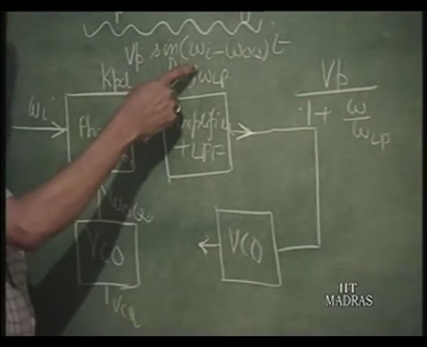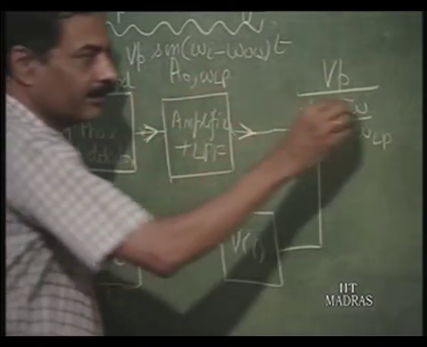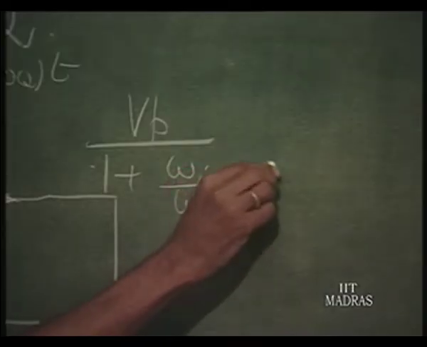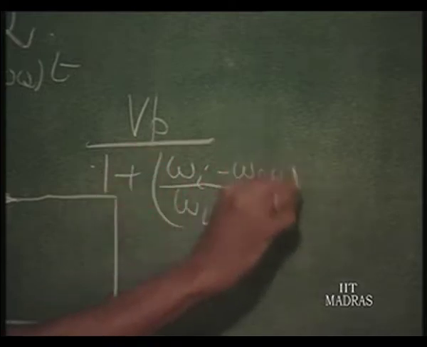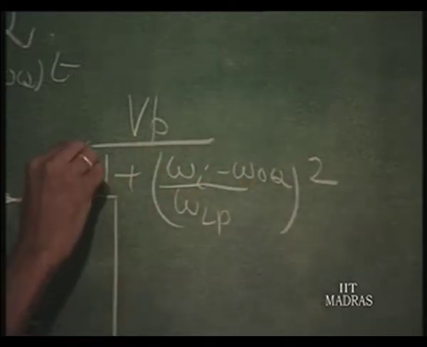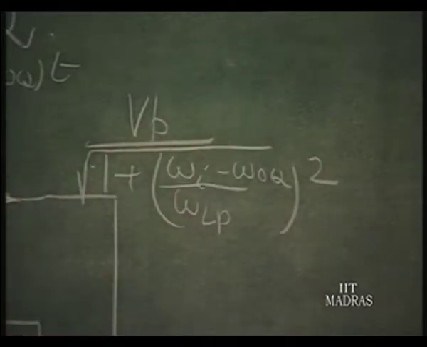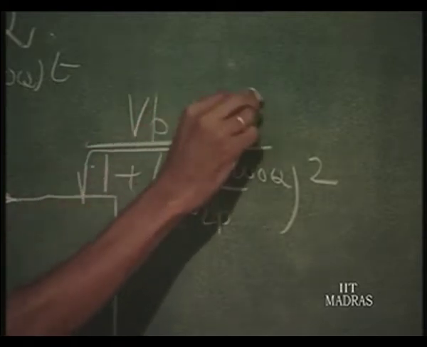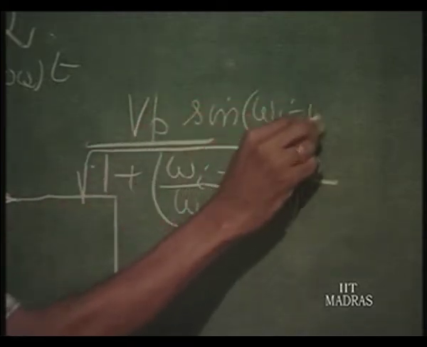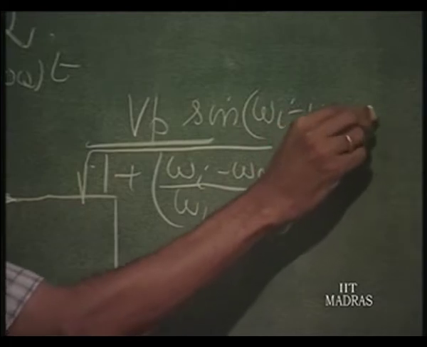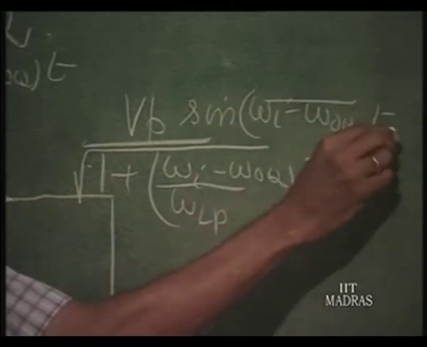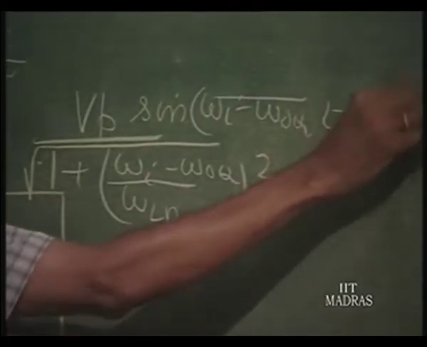Omega is this frequency omega I minus omega naught q. Then sine of omega I minus omega naught q into t plus some phase psi.